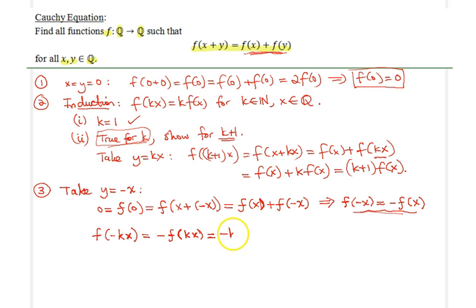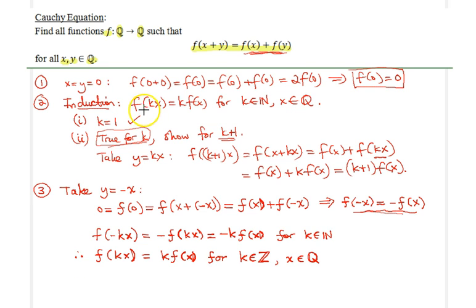So we will have minus k f of x. So this result holds for natural numbers k, and therefore our result is generalized. So therefore we were able to generalize the result from the second step, which only holds for positive integers, onto the whole set of integers k and x for all rational numbers.